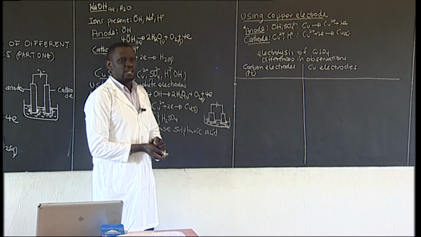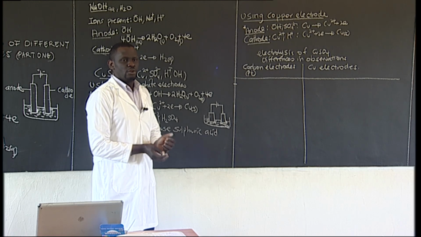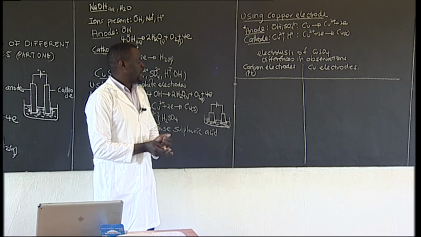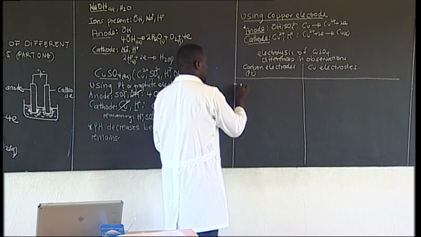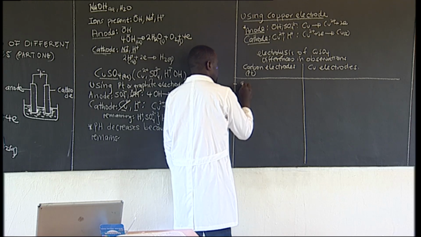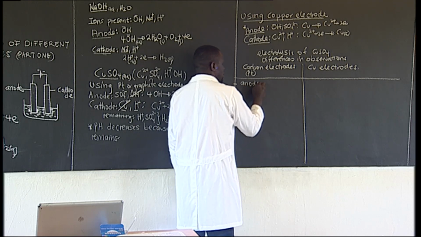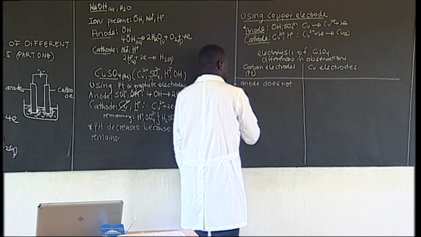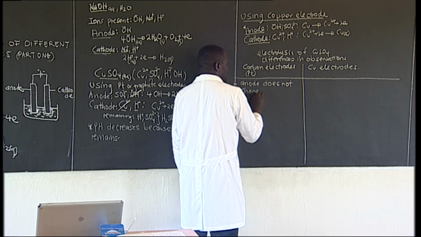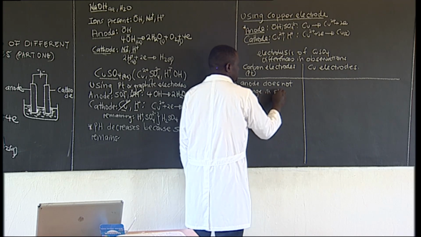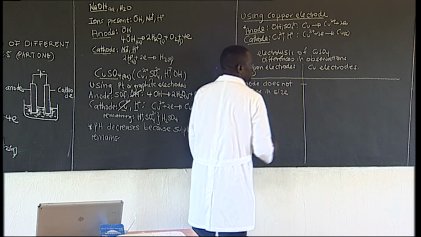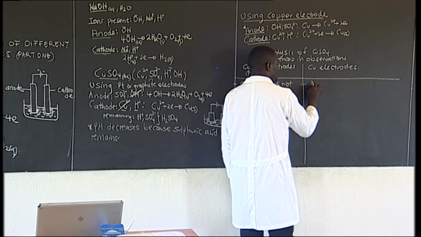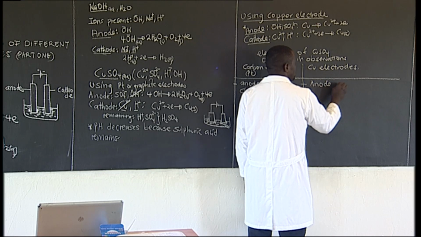First, we can look at our anode. Here we can say no change in size of the anode. Then here, using copper electrodes, you say the anode decreases in size because we said it breaks down.